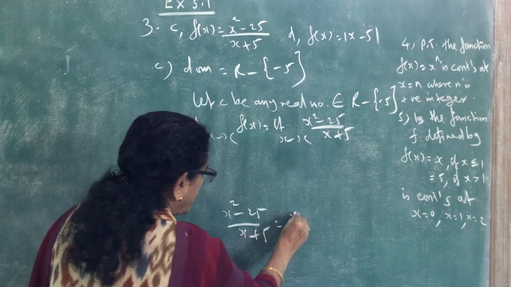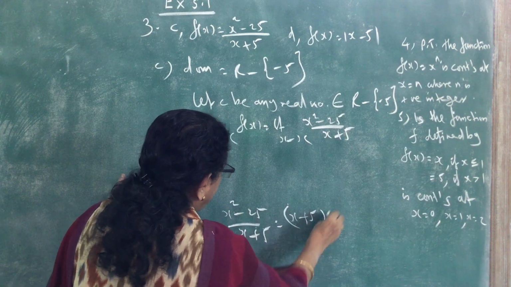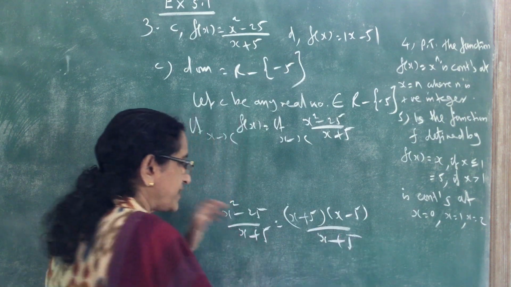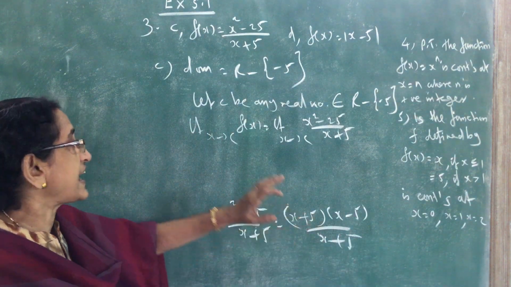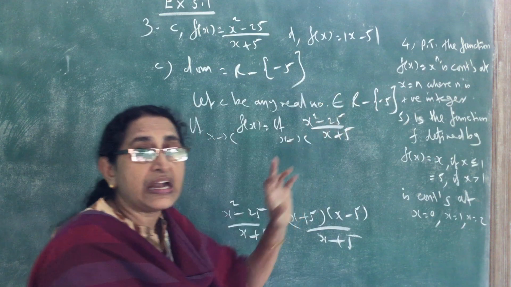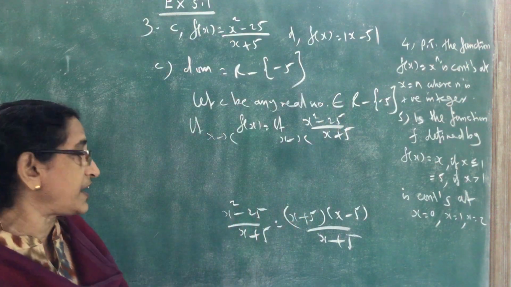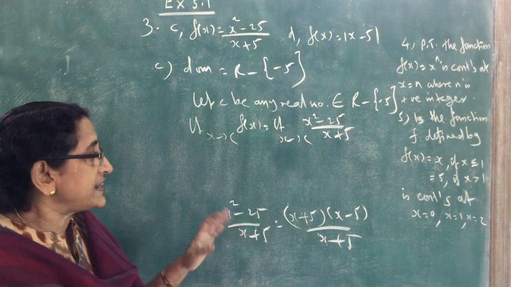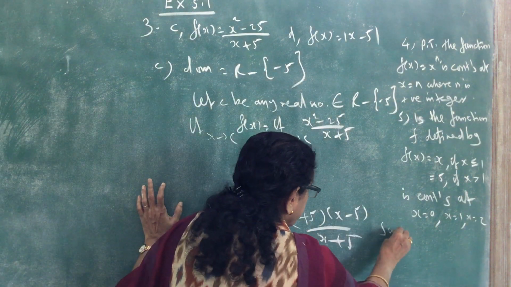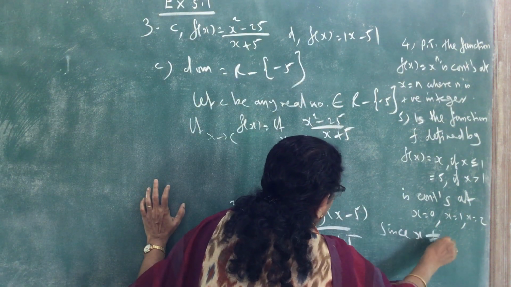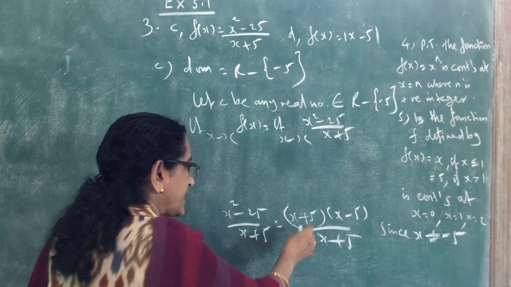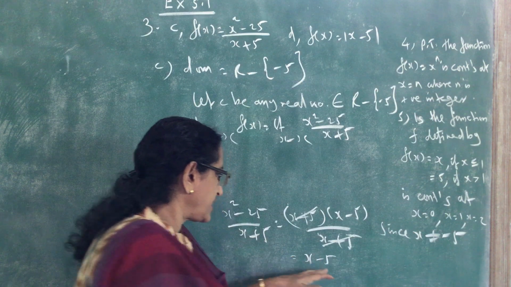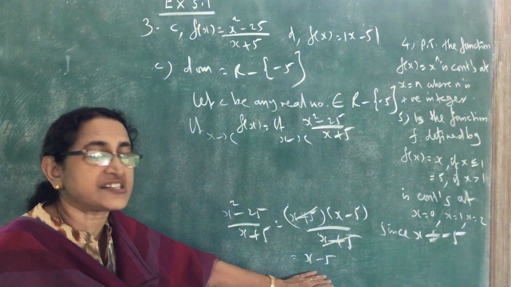That is equal to x plus 5 into x minus 5 divided by x plus 5. We can cancel x plus 5 since x is not equal to minus 5. If x is equal to minus 5, x plus 5 will be 0, so 0 by 0 we cannot cancel. Since x is not equal to negative 5, we can cancel x plus 5, x plus 5, and we get the function in the simplified form, that is x minus 5.